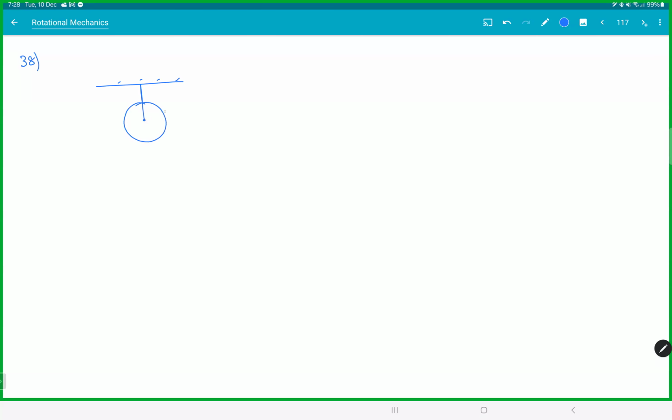Let's say we have a pulley here with a block. The mass of the block is m. This is a disk, mass m, radius r. There is no slipping. So basically here we got a string wrapped around the cylinder and tied to this block.